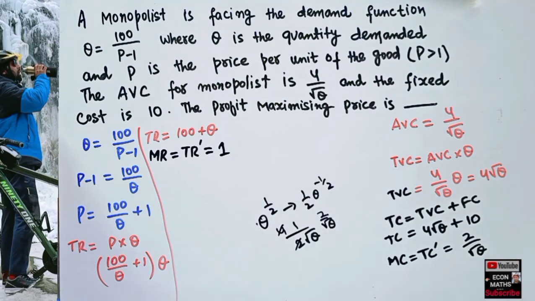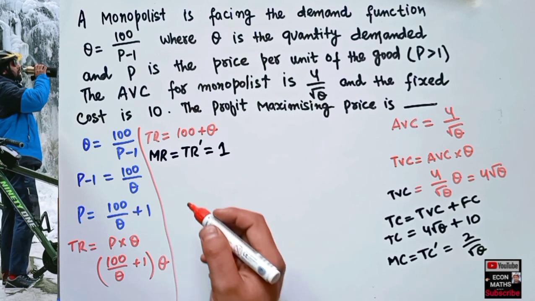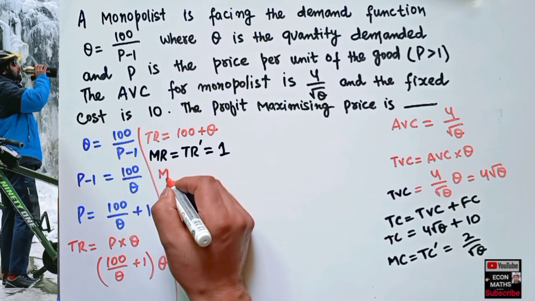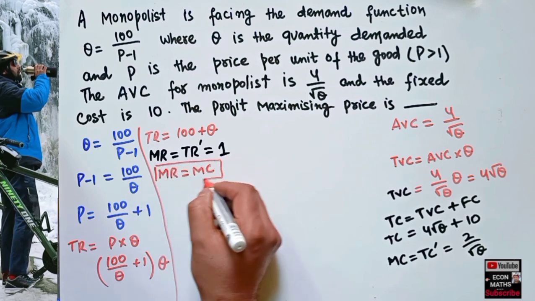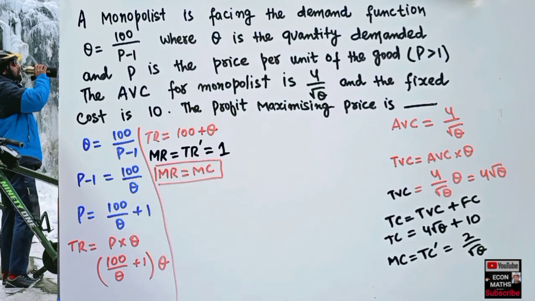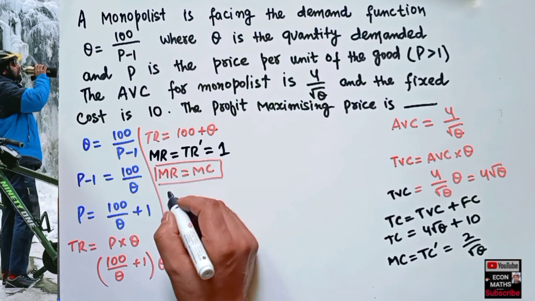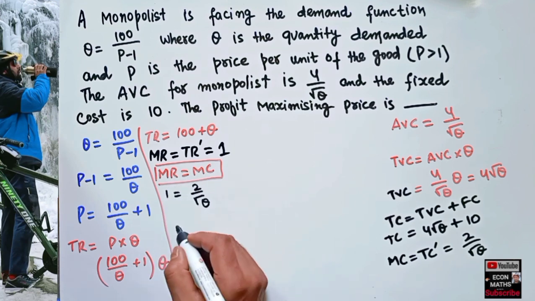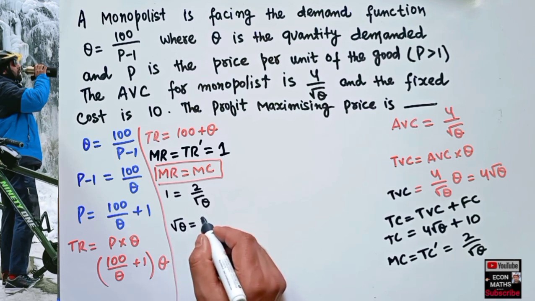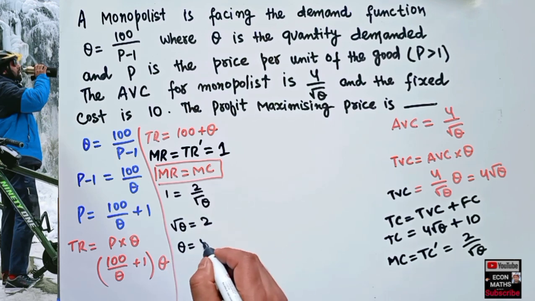Now the profit maximizing condition requires that marginal revenue should be equal to marginal cost. If this condition holds, then marginal revenue is equal to 1 and marginal cost is 2 upon under root q, which implies under root q should be equal to 2, or q is equal to 4.